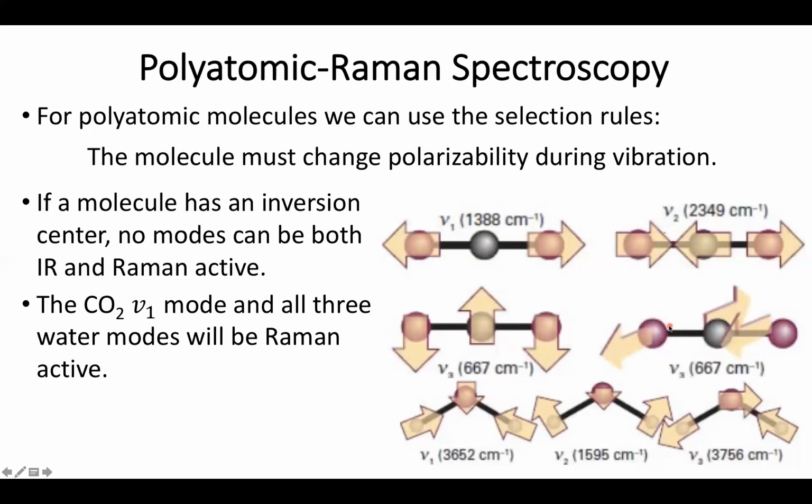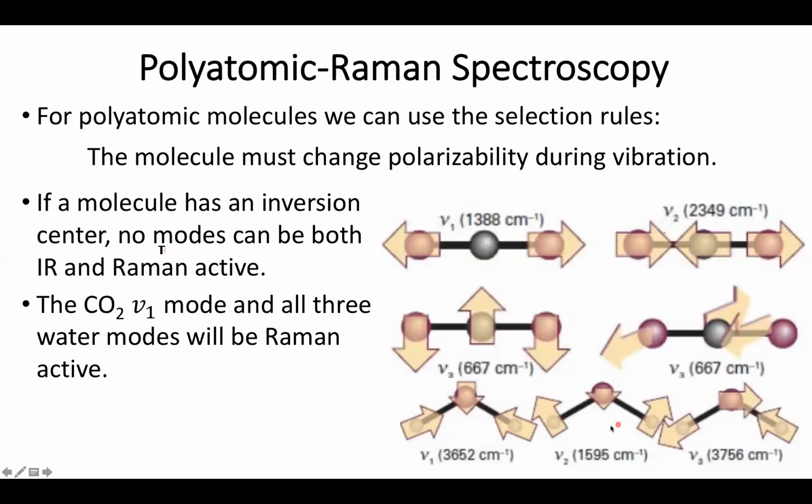But it turns out that water does not contain an inversion symmetry. So this rule does not apply. And instead, what we can do again is look at this polarizability. What we end up finding is for this V1 symmetry, the molecule is more or less shrinking in size, which means it will be less polarizable.